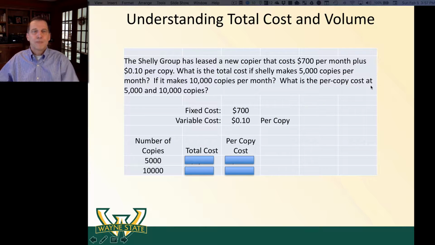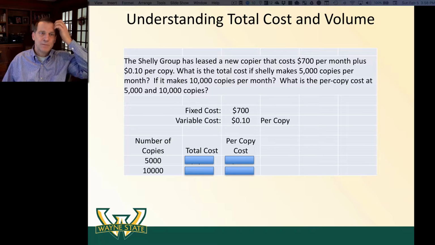Okay, so understanding cost and volume, this is just a way to get a good feel for a simple model of applying variable cost and fixed cost to see, in an office environment, what our cost structure would be per unit and per month if we had this copy machine.